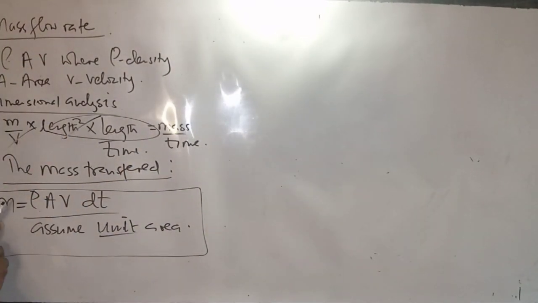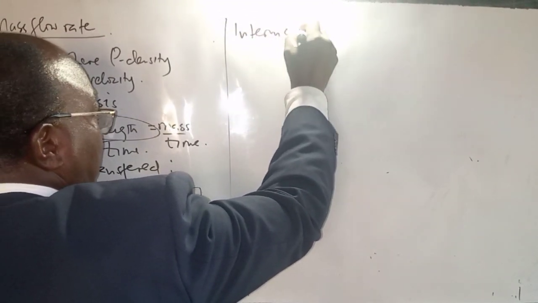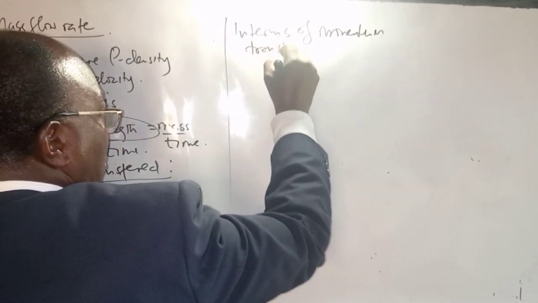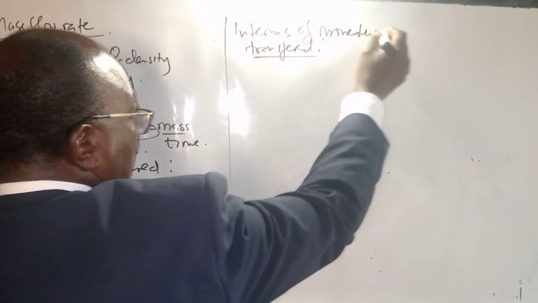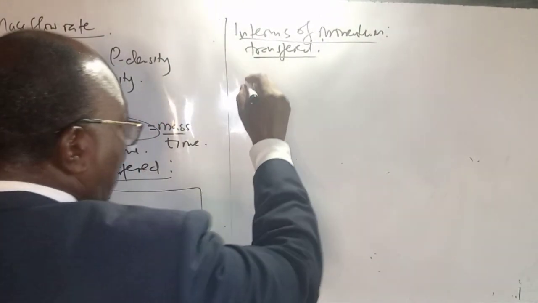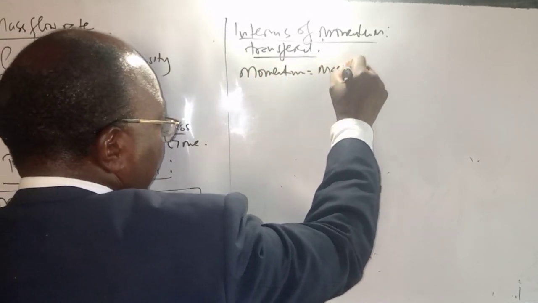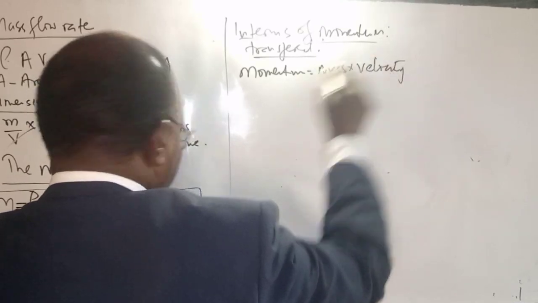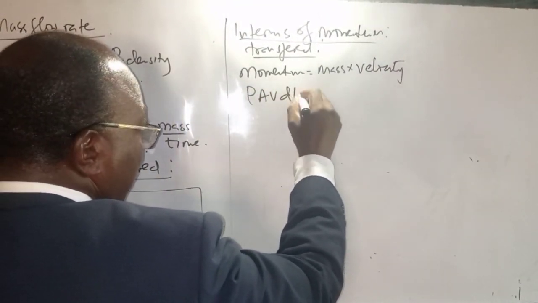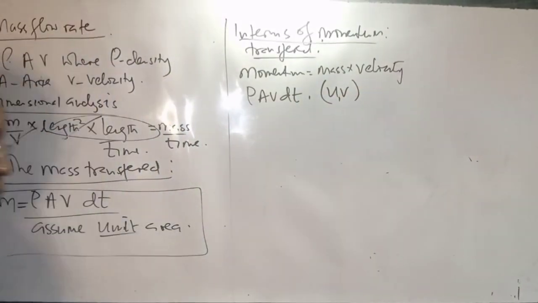So, in terms of momentum transferred, we have mass times velocity. Momentum, remember, is mass times velocity. And what is our mass here? It is v dt times velocity. So we have our two velocities there.